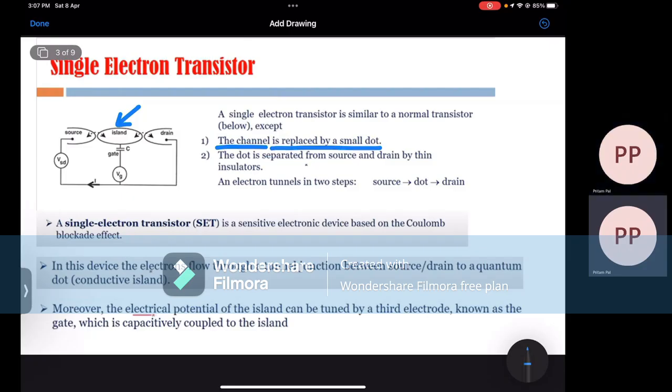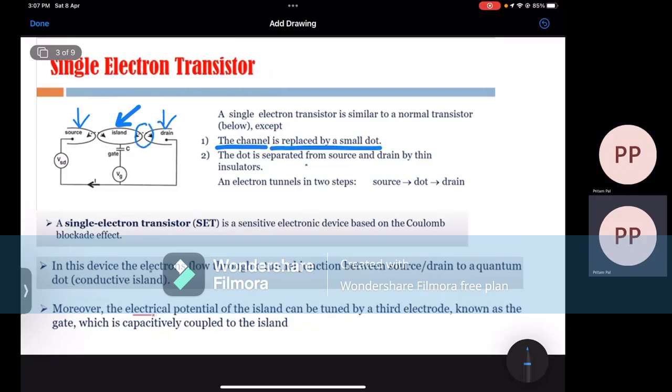There is a source over here, and a drain, but the small island is replacing the channel. This dot is separated from the source and drain by a thin insulator.